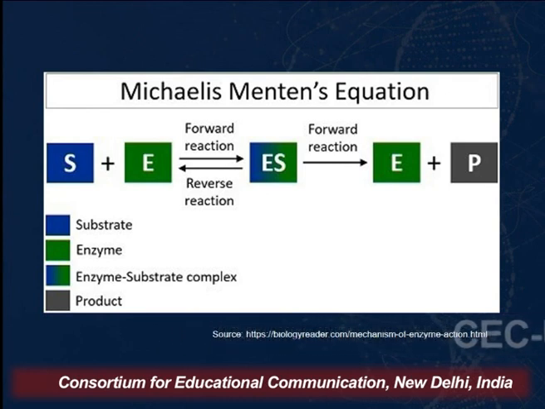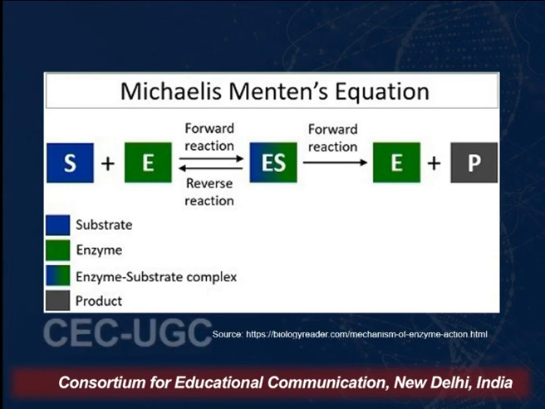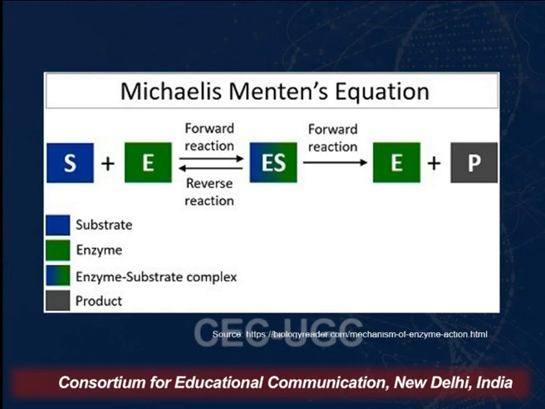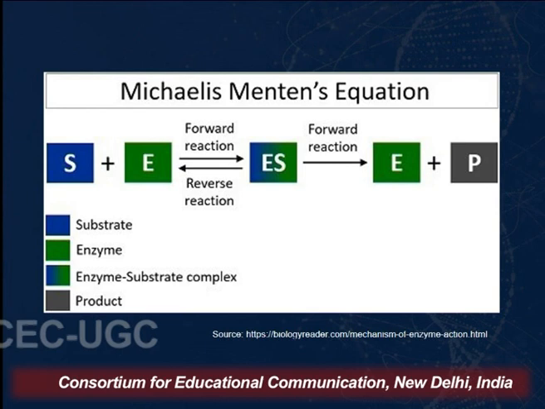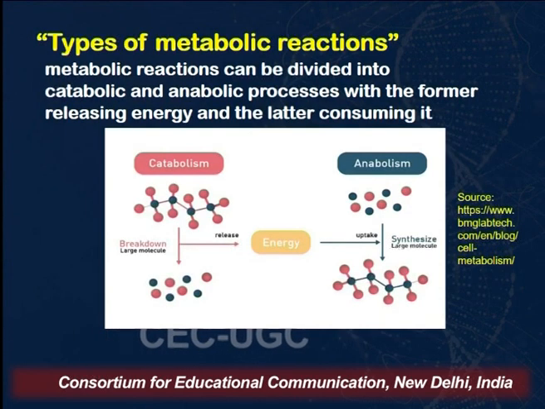If the conditions are applicable, it moves in a forward reaction, so the enzyme forms the product, and that's how the enzyme product formation takes place. Now, this equation is many a time called the Michaelis-Menten equation of enzyme kinetics. So these are enzyme kinetic reactions which occur within the body.